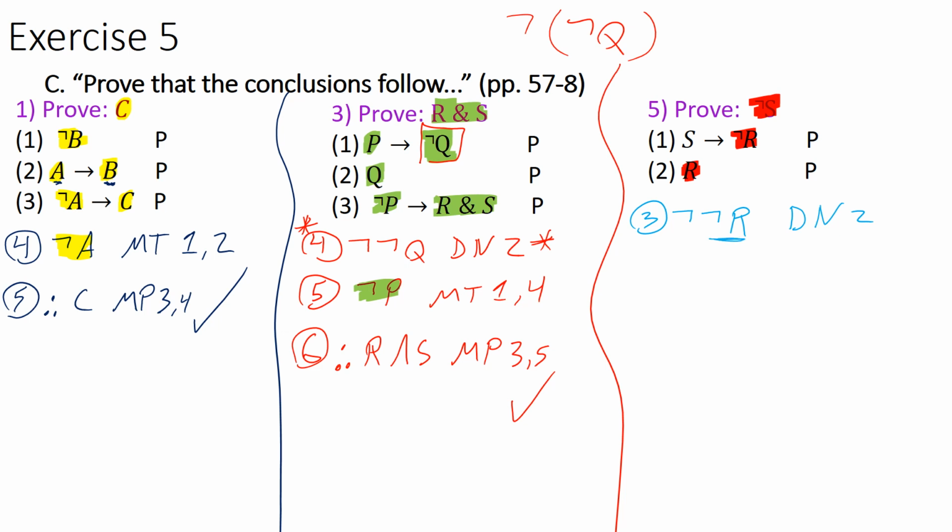So we have this not R, and this negation here denies that. And this means we are denying, in fact, or we can deny that consequent to that conditional. And so for line 4, it therefore does follow not S by modus tollens with lines 1 and 3. And that concludes that proof.